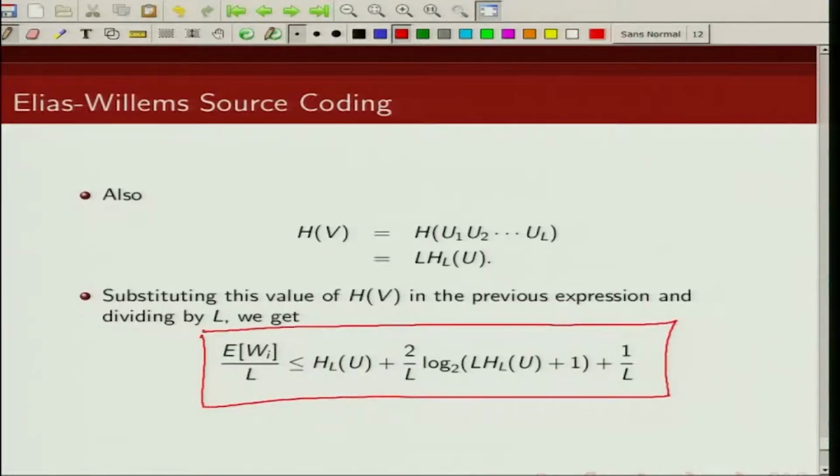I divide by L throughout, and I get this expression that expected code word length per input bit is upper bounded by this quantity. So this gives us an upper bound on expected number of bits required to encode the sequence which comes out of a discrete stationary source.